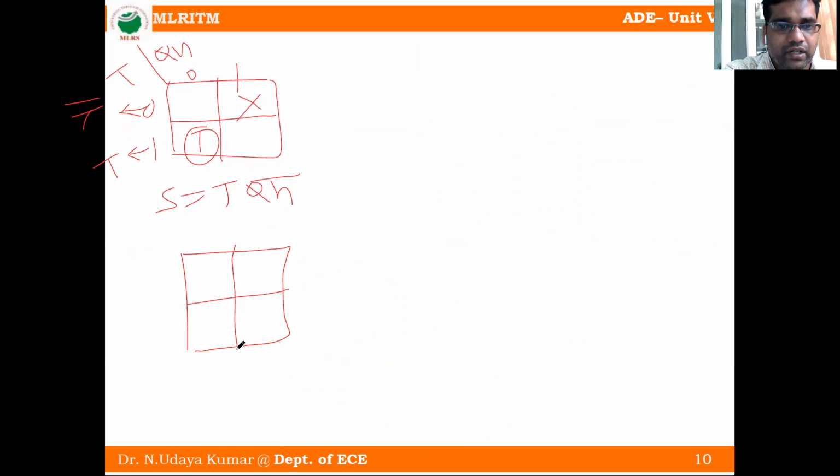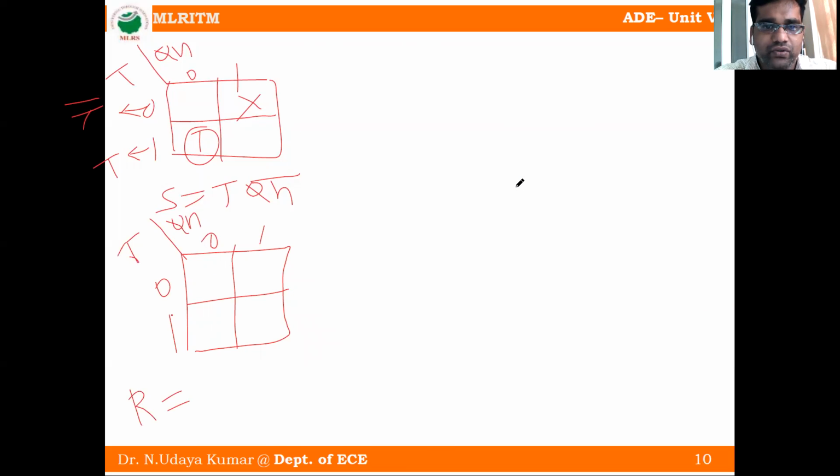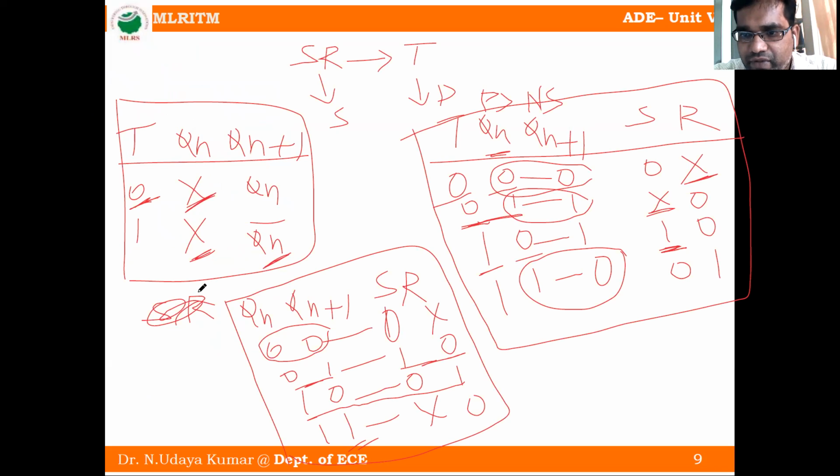Now we will see for R. So this is T, this is Qn, 0, 1, 0, 1. Now how to find R? Here R is don't care whenever T is equal to 0 and Qn is equal to 0. Then where do we get 1?